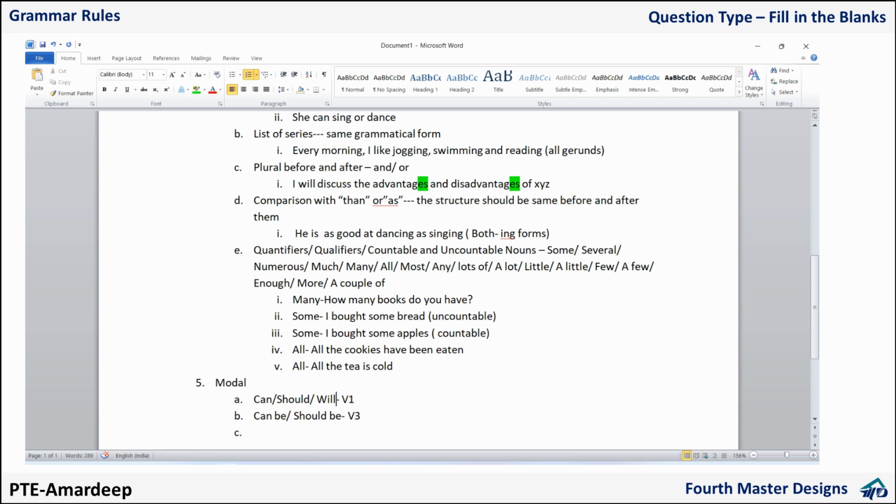Then comes could have, should have, would have. Okay, can have, he can have this. Decide in that way what you are going to write. It is again going to be your v3.